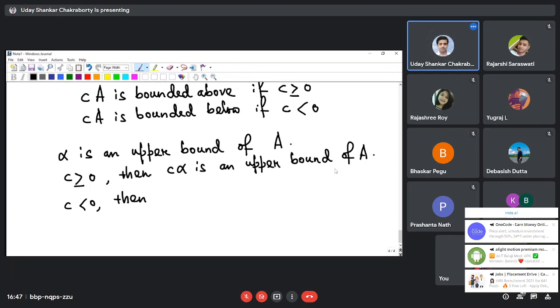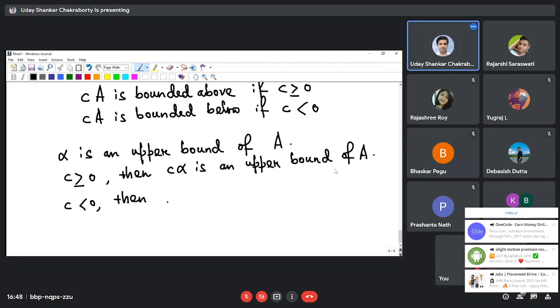But if C is negative, then can you give me a lower bound of CA? Anybody? Rajarshi? If C is negative, can you give me a lower bound of CA? C alpha?